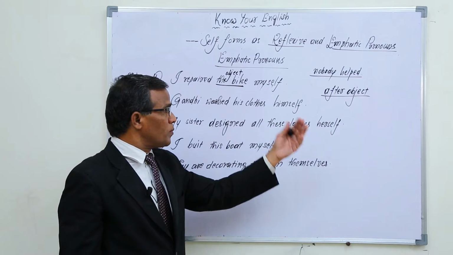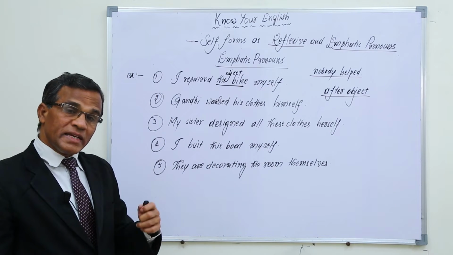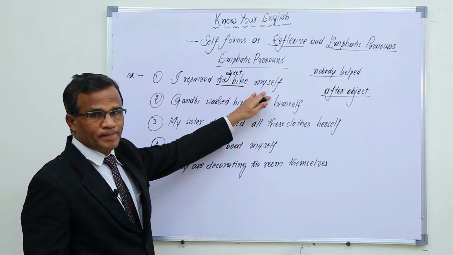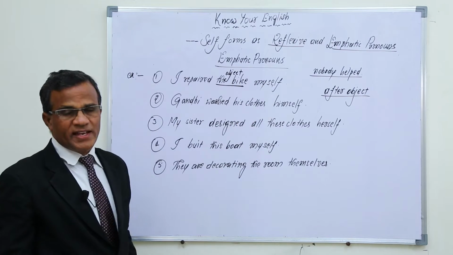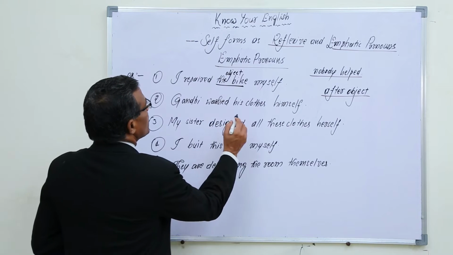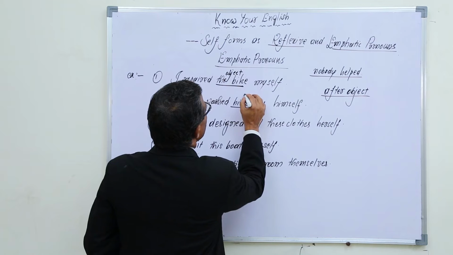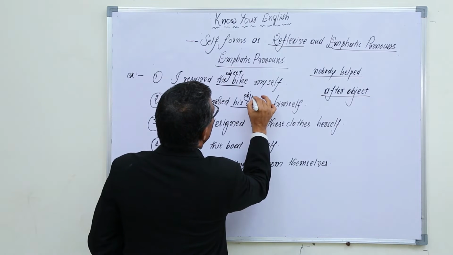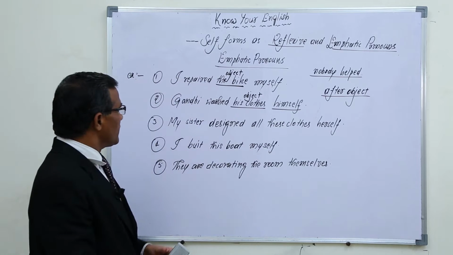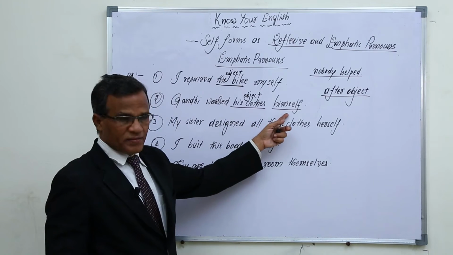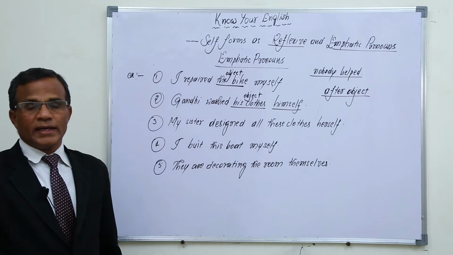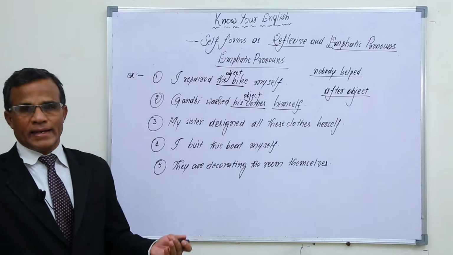In the sense of nobody helped or without anybody's help, we use self forms after objects in the sentence. Gandhi washed his clothes. His clothes is the real object, but after this object we are using himself. Gandhi washed his clothes himself means in washing his clothes nobody helped him.